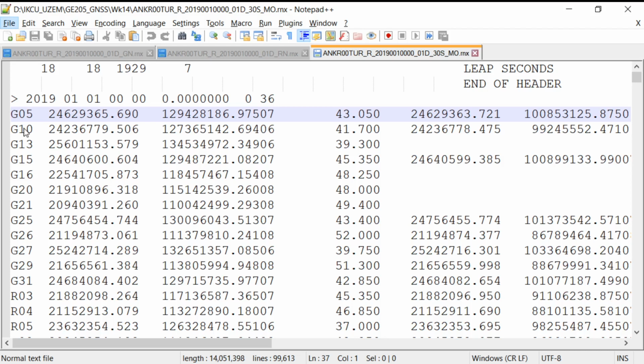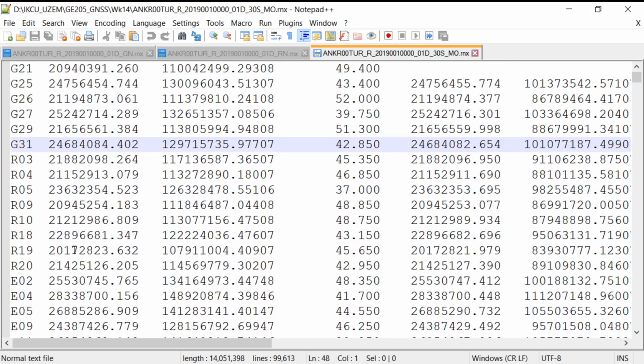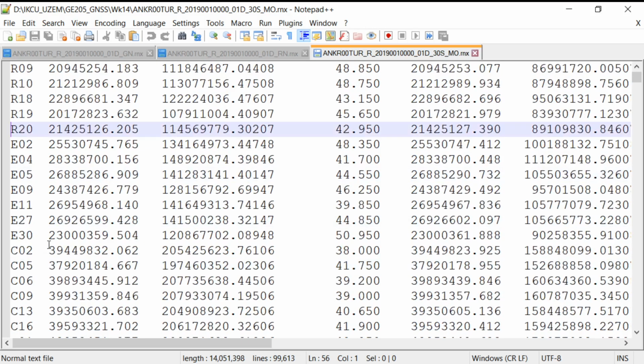So for example, for the GPS system, we have 12 satellites. And for the GLONASS system, we have 8 satellites, 1, 2, 3, 4, 5, 6, 7, 8. It is total 20. And the European Union's Galileo system, 1, 2, 3, 4, 5, 6, 7.